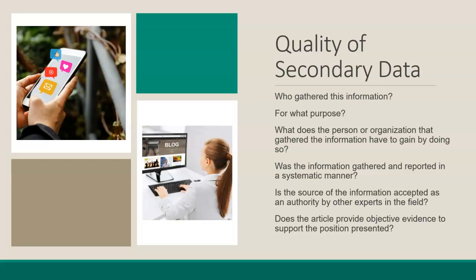They're talking about articles that professionals write, and you all know what an article looks like because it usually has the title page, the abstract, and then the article. It also has references that you can easily put into the internet or look up and then find the information. Does the article provide objective evidence to support the position presented?